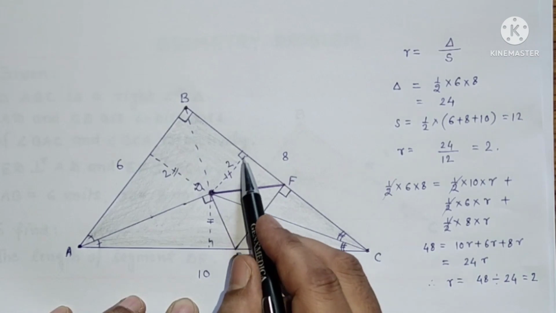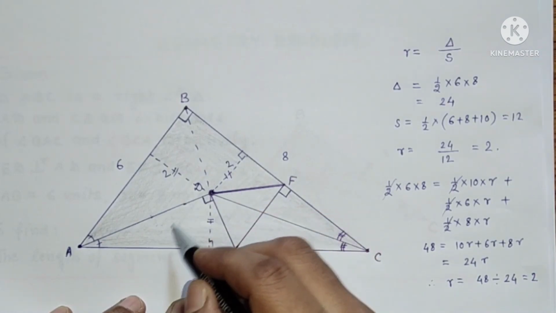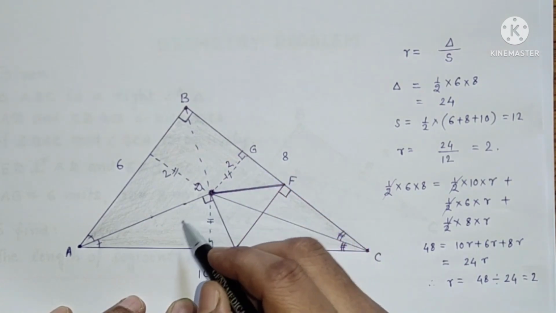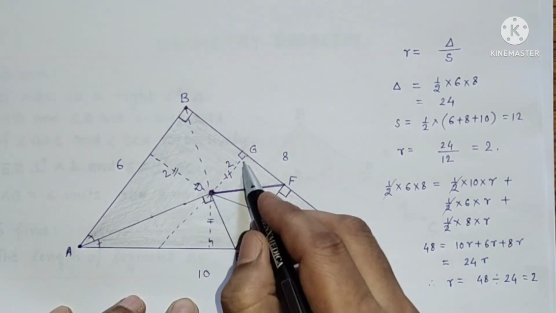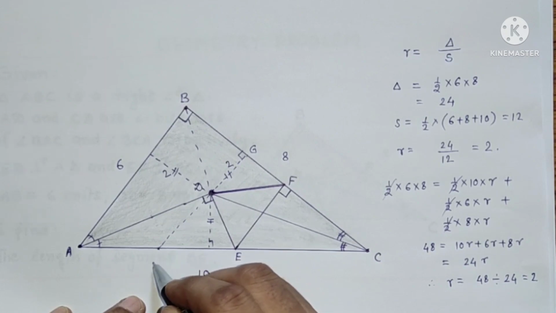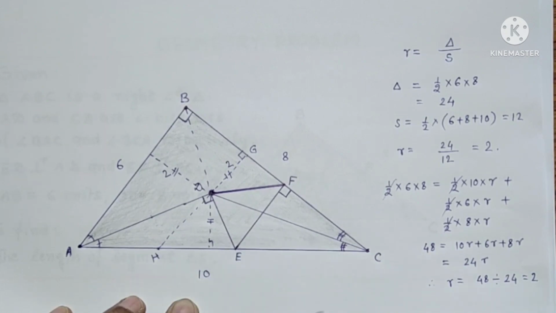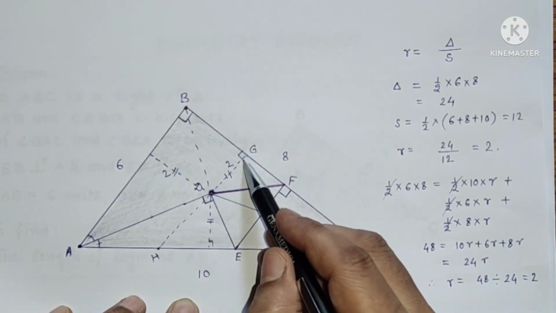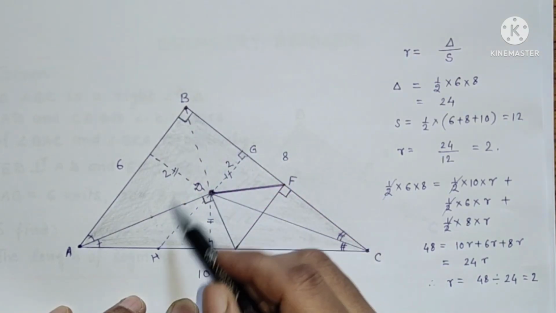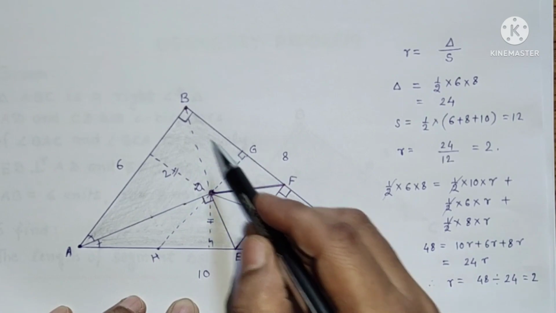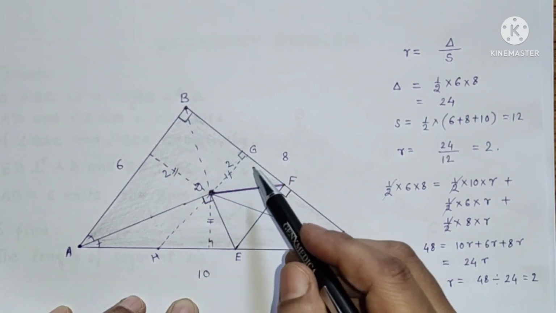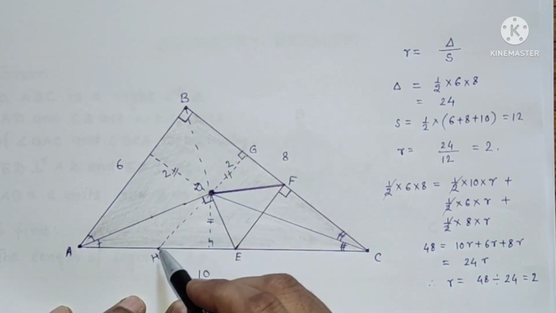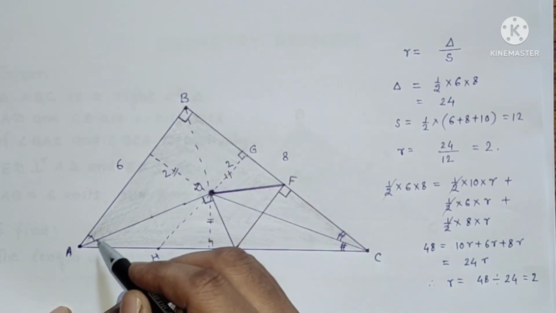Now we have to find this DF. If we extend this length, let us suppose this point is G. Extending this, let us suppose this is H. HG is parallel to AB because this is 90 degrees, this is 90 degrees, so 90 plus 90 is 180. Co-interior angles sum to 180, therefore these two lines are parallel.